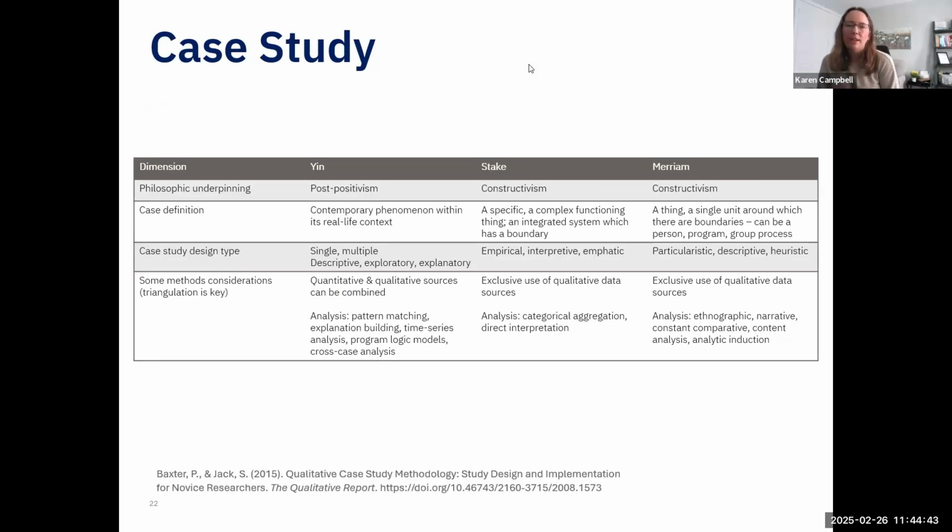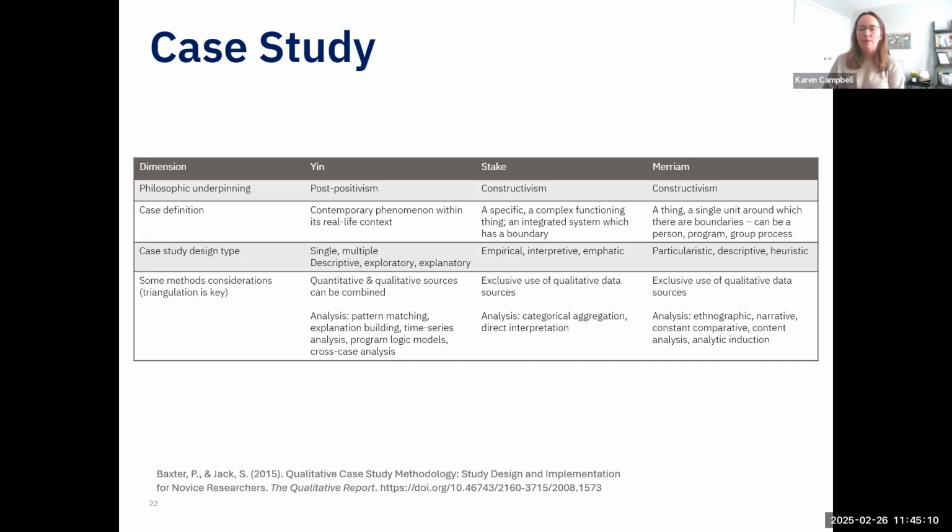And I mentioned case study again. I think that the best, hands down, the best reference for this is Baxter and Jack. It's here on the screen. They have an article that goes through a step-by-step of how to produce a case study. I actually think it's a case study proposal. And there's different ways that you can do case study.